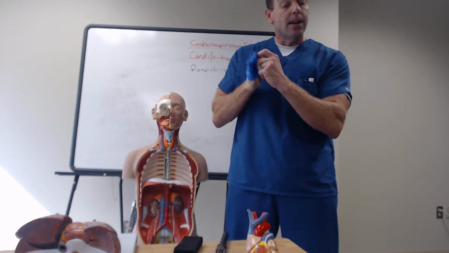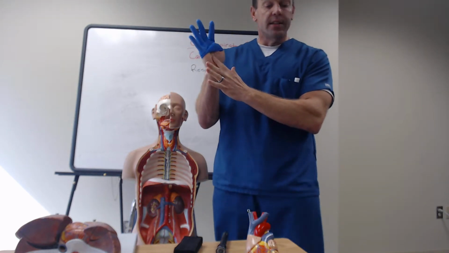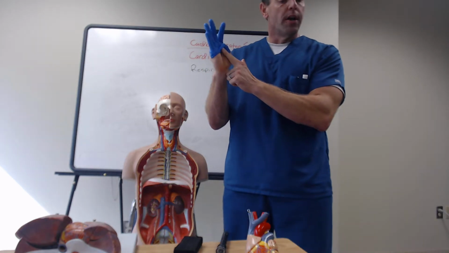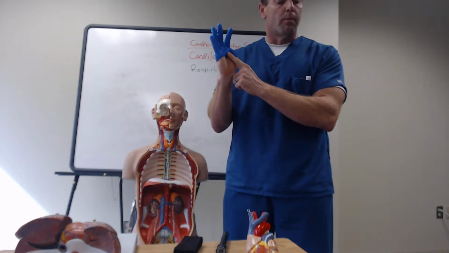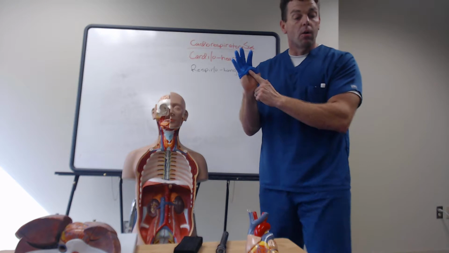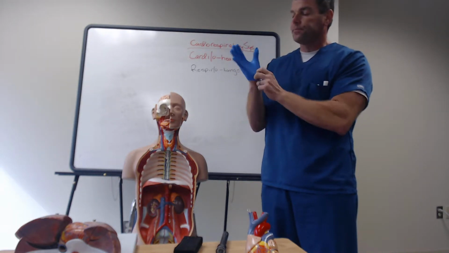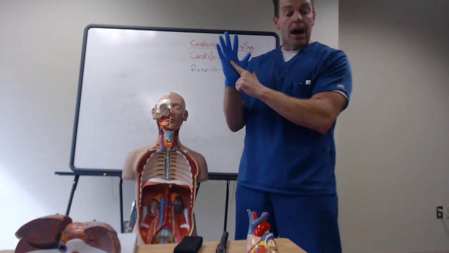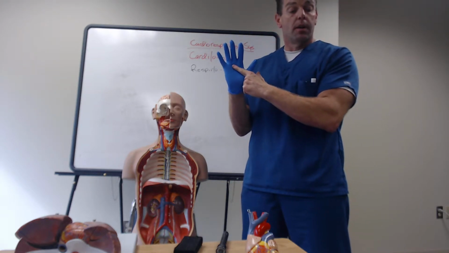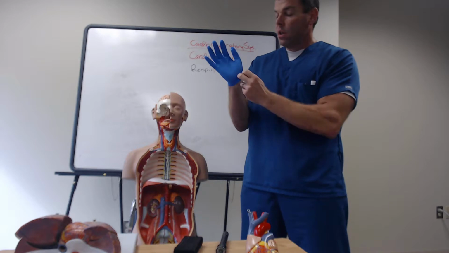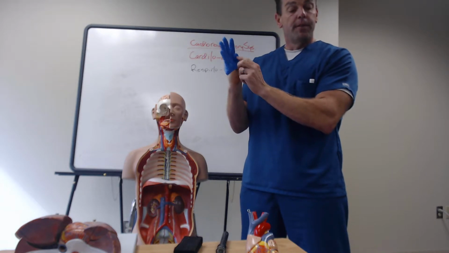But again, if my hand were the heart, this inner part of the membrane is the visceral pericardium. Viscero means organ. So the outer part of the pericardium is the parietal, the inner, the visceral.